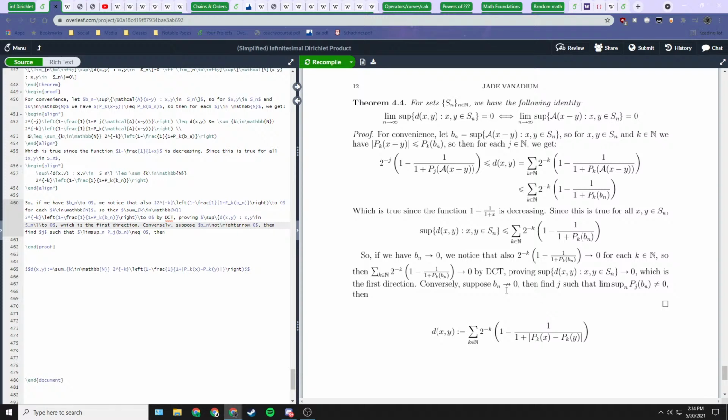So the converse is, suppose this doesn't go to 0, then find j having this.